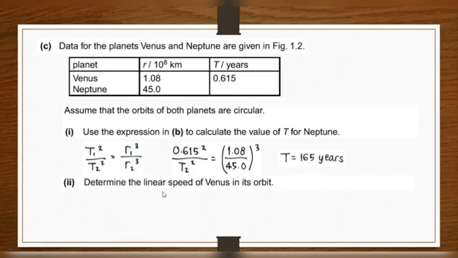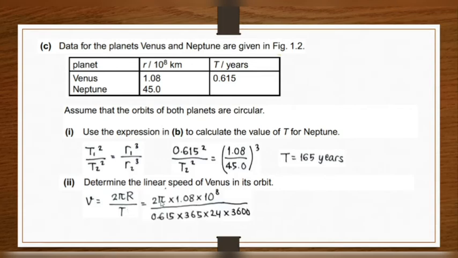And then determine the linear speed of Venus in its orbit. Remember the equation for linear speed, v. v is equal to 2 pi r over period. We know the r for Venus and the period for Venus. So the r is 1.08 times 10 to the power of 8. Oh, sorry, this should be 10 to the power of 11. You should write it down in meters.